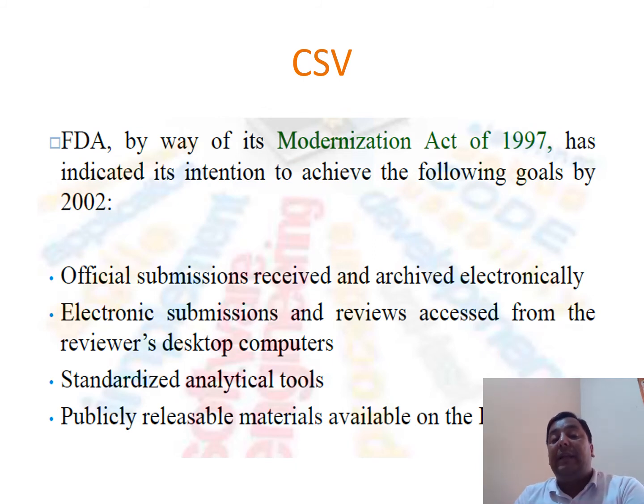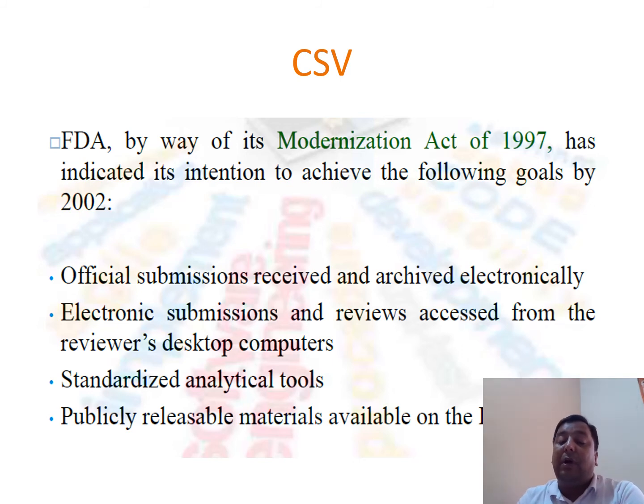As I told you, CSV is a set of well-defined rules, established in 1997, with goals indicated in 2002. This is a little background history. All these things should be submitted officially in electronic form, archived in one place to store all this data.